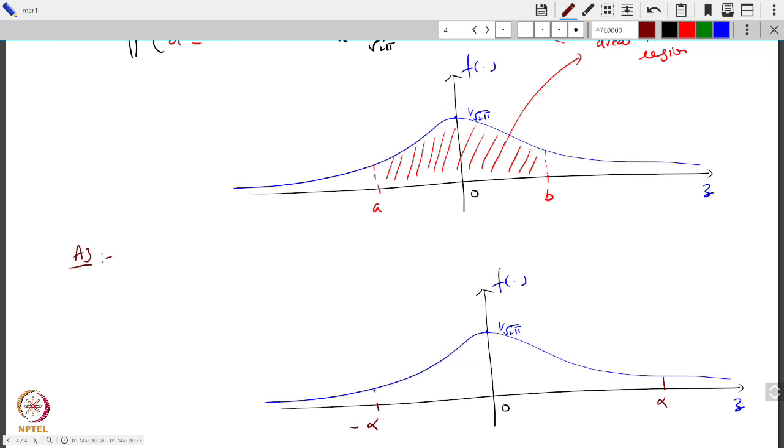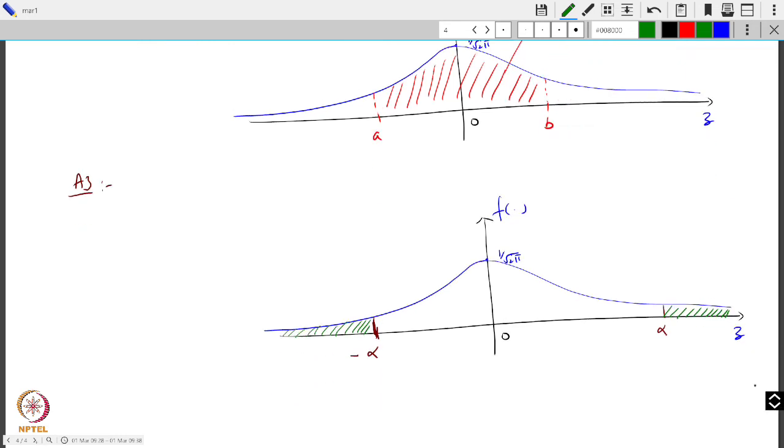Then this green area under the curve, because the function is symmetric, is going to be the same as this green area under this curve. These two areas are the same.